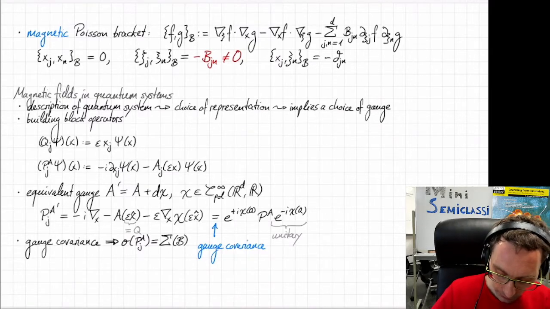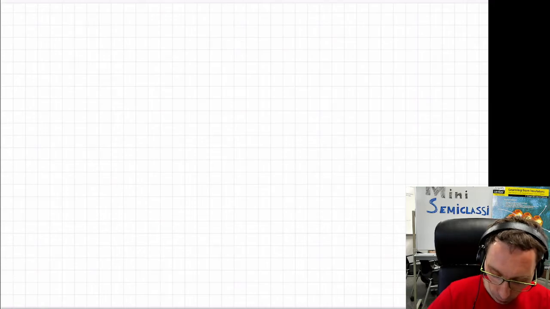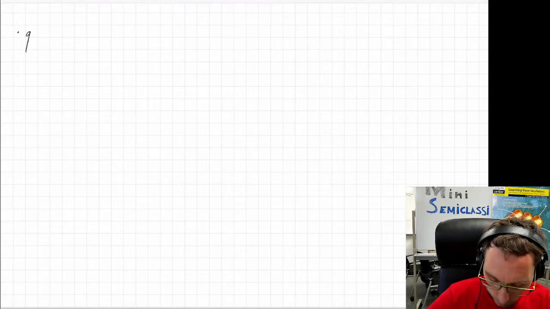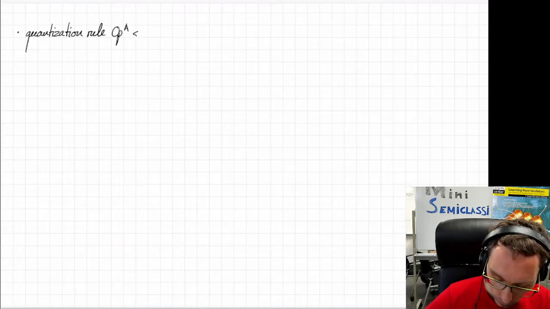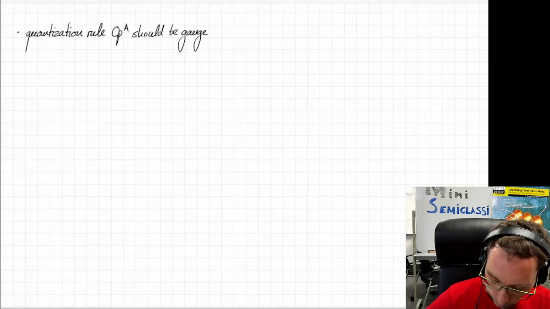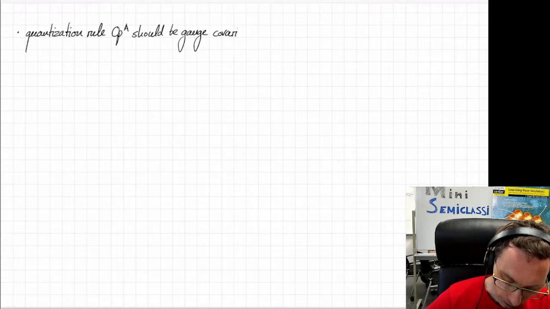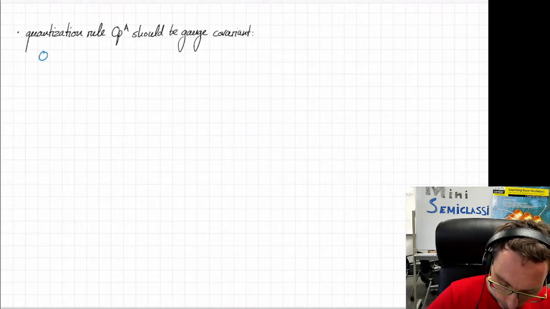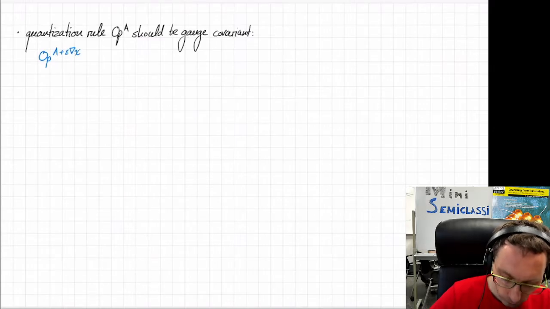So what we would like is that our quantization rule should be gauge covariant. So just to write this down one more time, that means if I replace A by A plus epsilon gradient chi of f, where f is a suitable function.